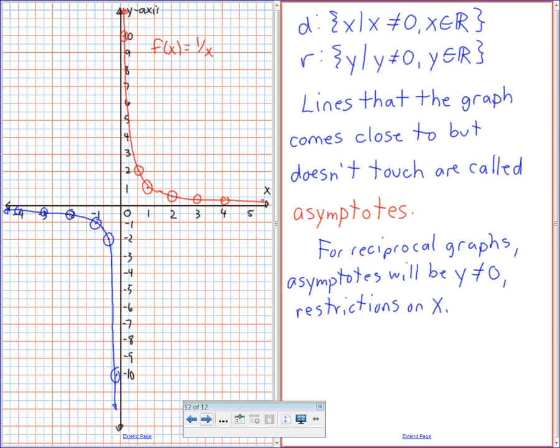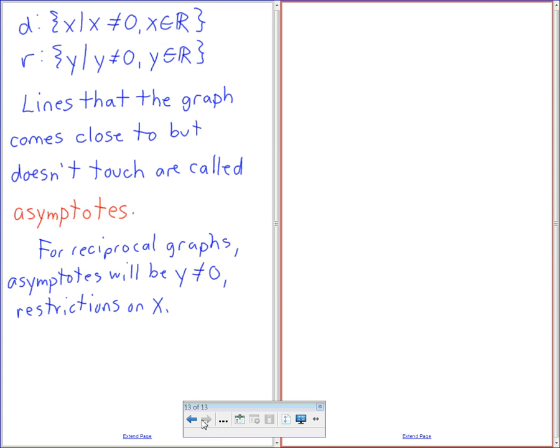So there should be a line. Thank you. All right, let's get to a real example, for what this will actually be. Example 2 is going to say: graph f of x is equal to 3 all over x squared minus x minus 6, and state domain and range.